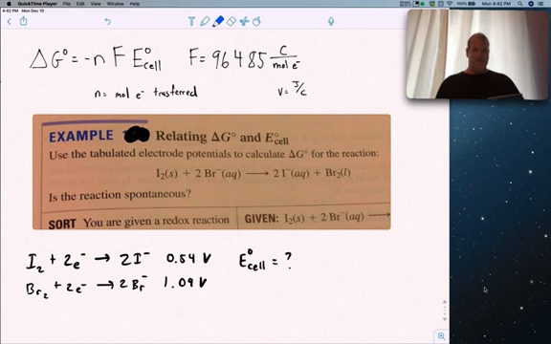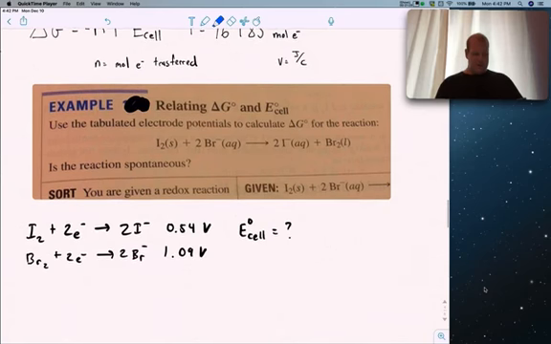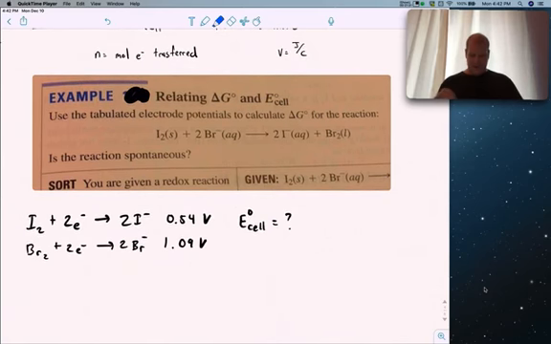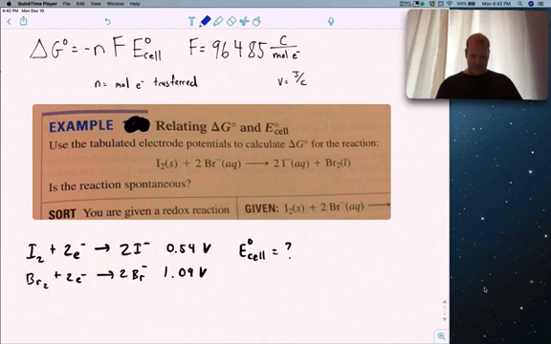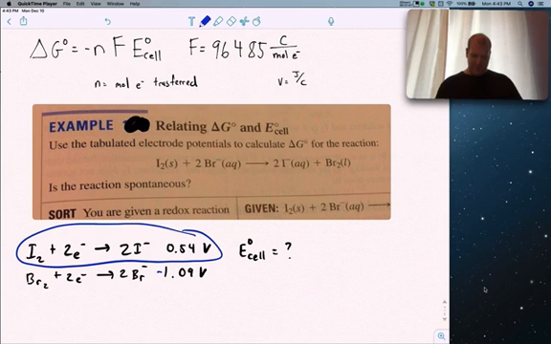So we have iodine, solid plus 2 bromides makes 2 iodides and bromine liquid. So I went ahead and looked up the cell potentials for you from the chart. So we have to figure out the E0 cell. So iodine, this is the one that is written as is. Bromine is going the other way, so we're going to put a minus sign here.